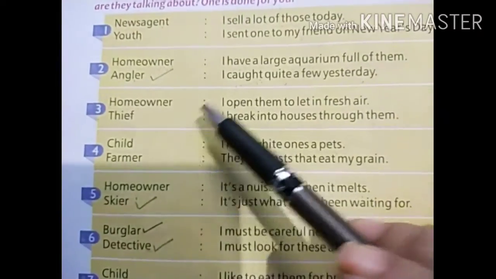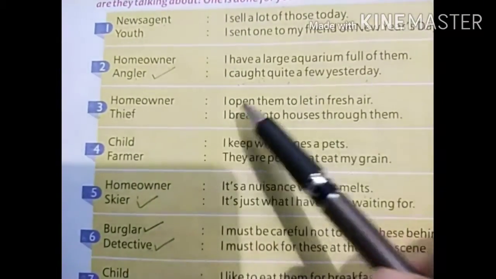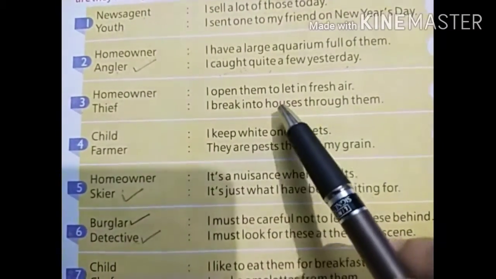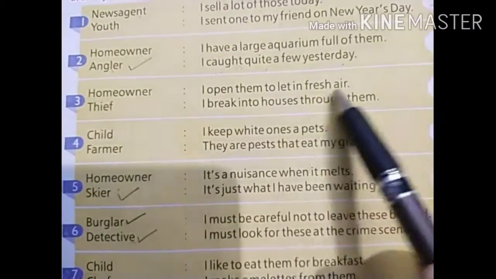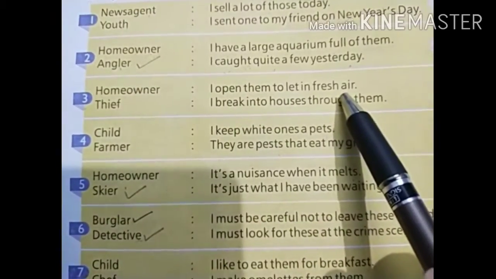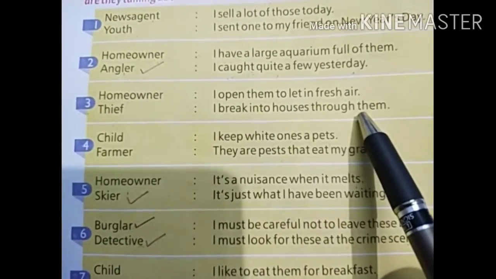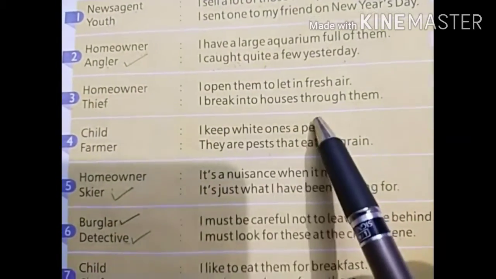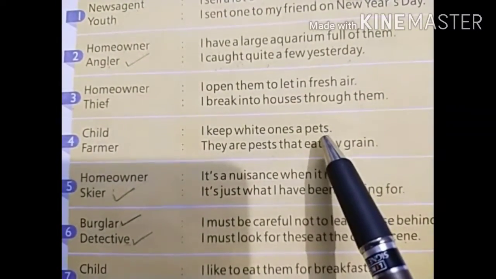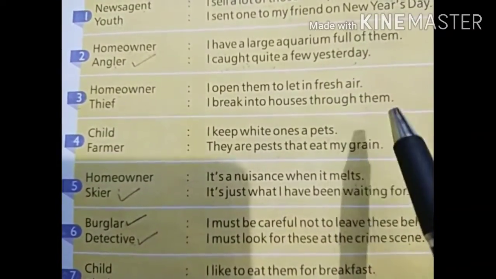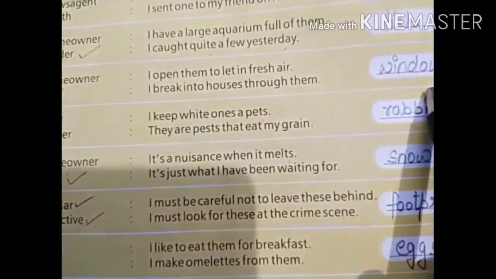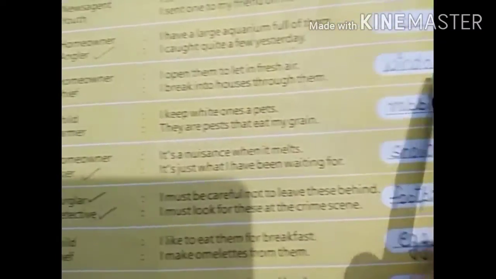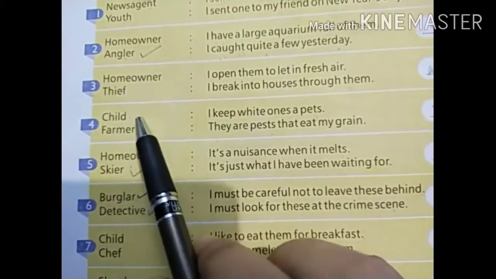So how does the fresh air come inside the home? Yes, of course, by window. And the thief can enter the home by breaking the window. So the answer will be windows.